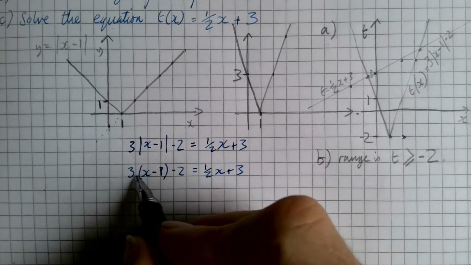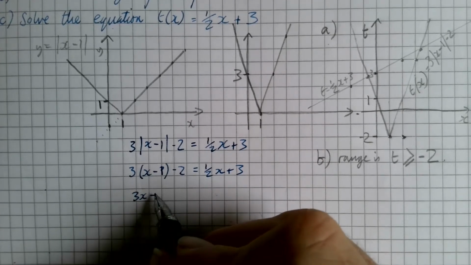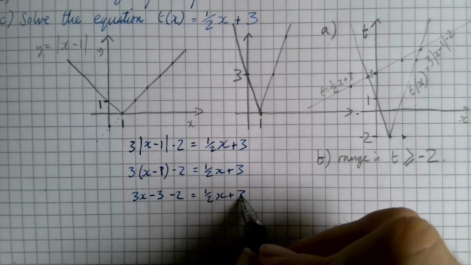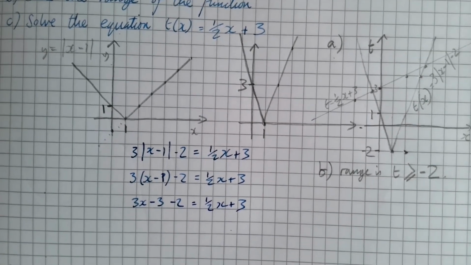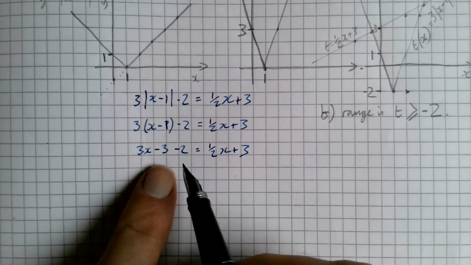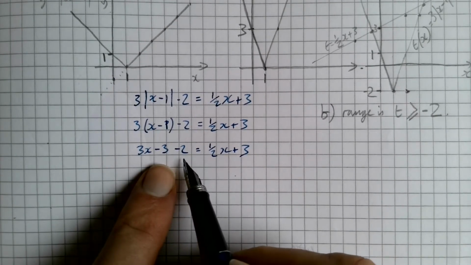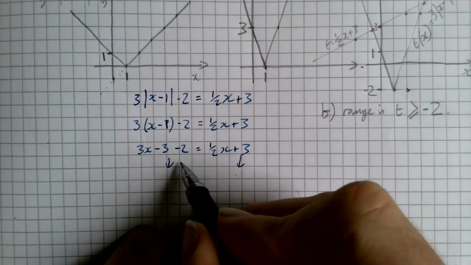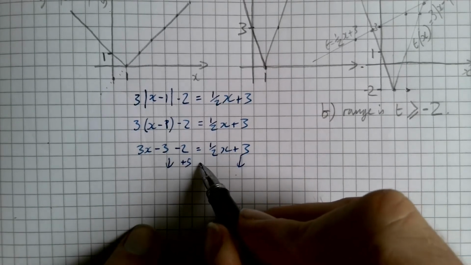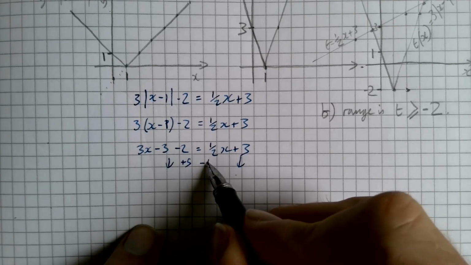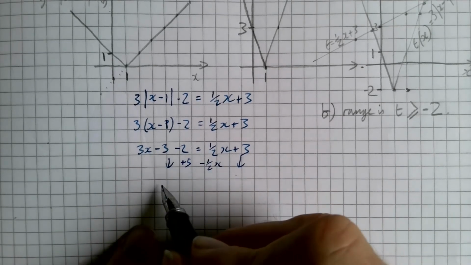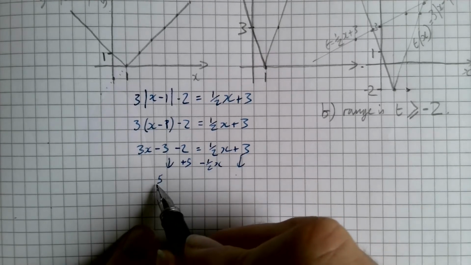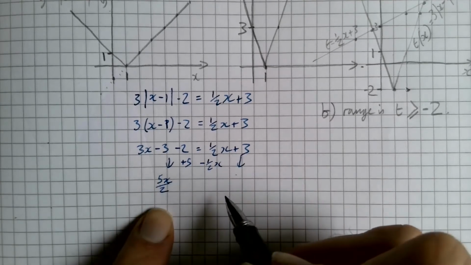so expanding this bracket's going to give me 3x take 3, and then I've got that take 2 there, haven't I? Now all of this needs cleaning up. That makes -5, so if I add 5 to both sides and I take 1/2x, that'll give me 2.5x left, which we'd normally call 5x over 2, wouldn't we?